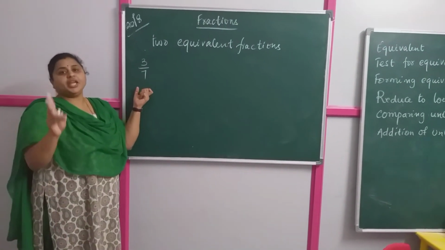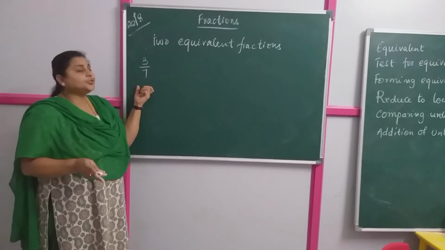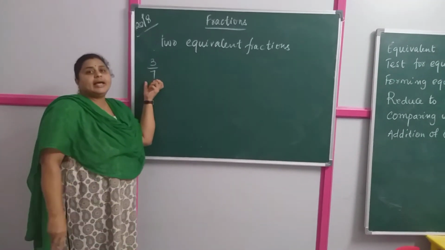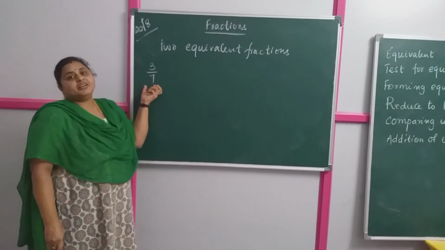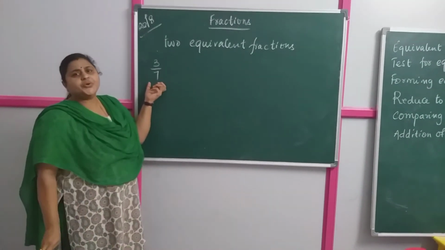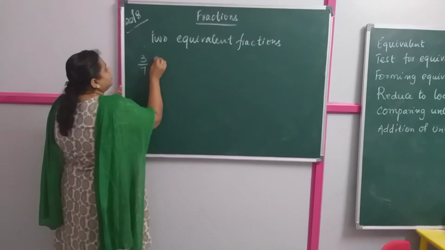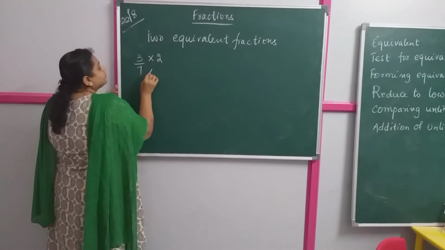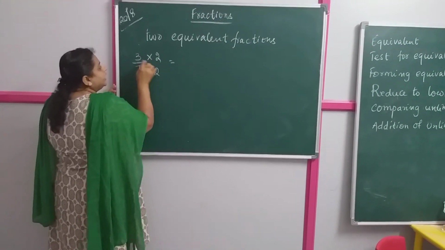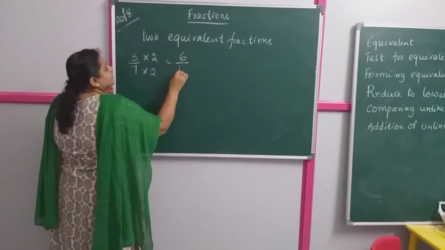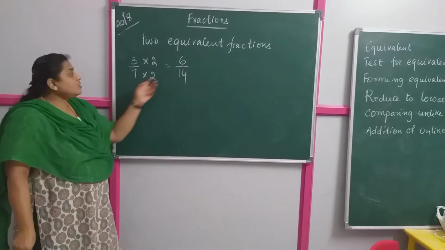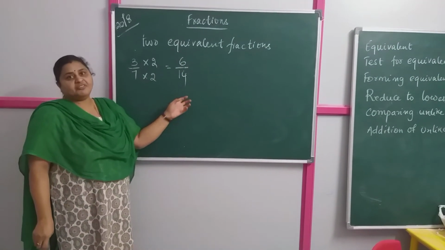I need 2 equivalent fractions. So what are you going to do? You have to multiply numerator and denominator with the same number. Any number you take, children. So first I am doing with 2. 3 2s are 6, 7 2s are 14. Now 6 by 14 is 1 equivalent fraction.